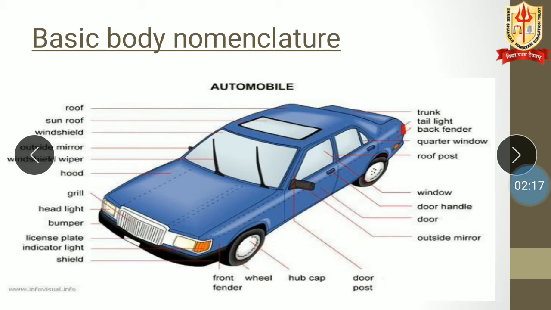This is door post, this is outside mirror, then this is door, window, roof post, then quarter window, then back fender, tail light, trunk. So these are the names of the components of a vehicle.